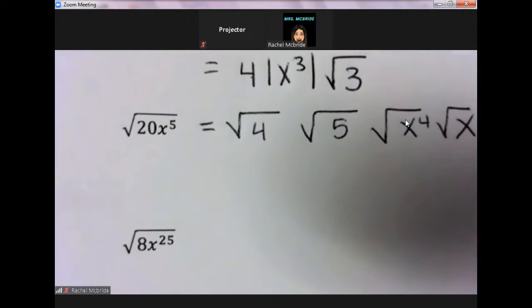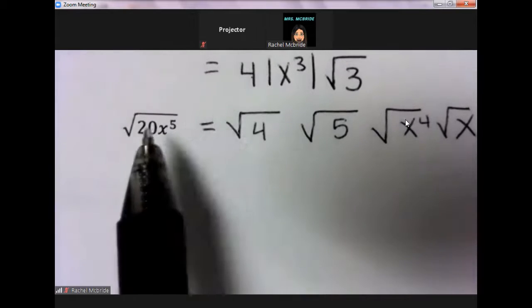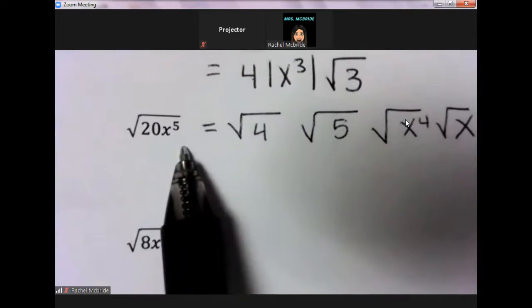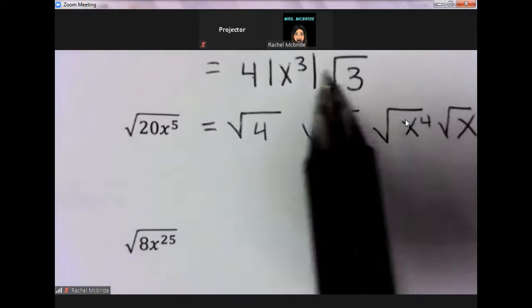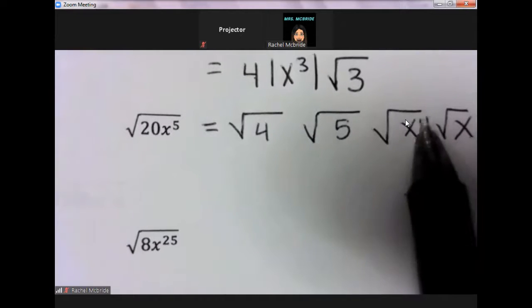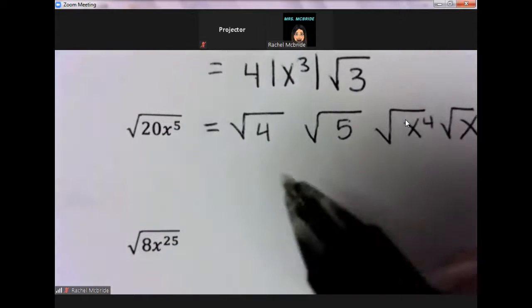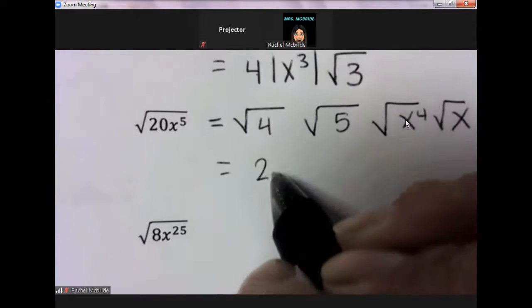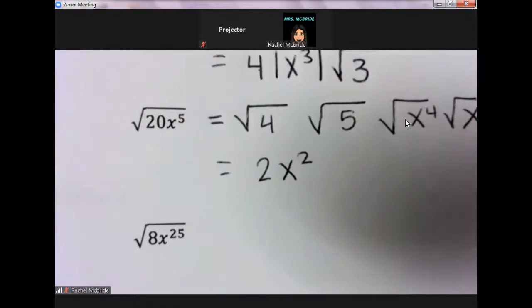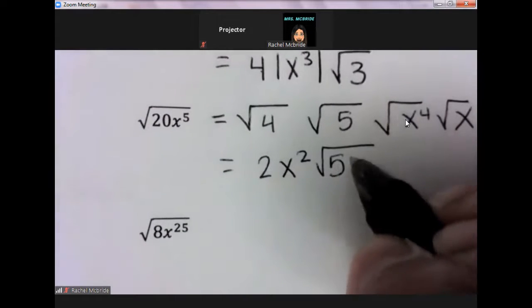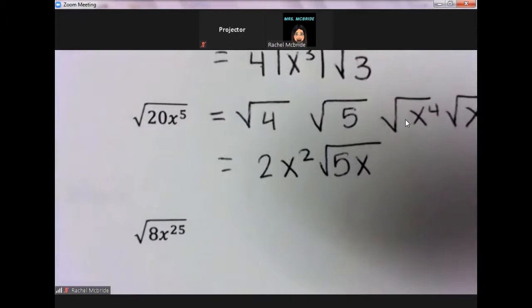So you get square root 4, square root 5, because 4 times 5 is 20. x to the 4th times x is the same as x to the 5th. So then you clean up your perfect squares, which are 4 and x to the 4th. So you get 2x squared, and that leaves square root of 5x.